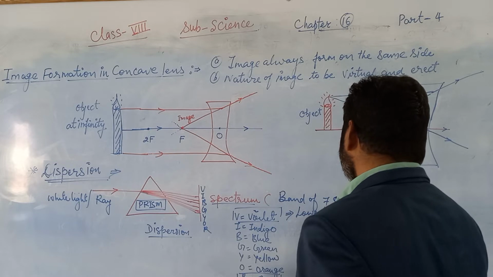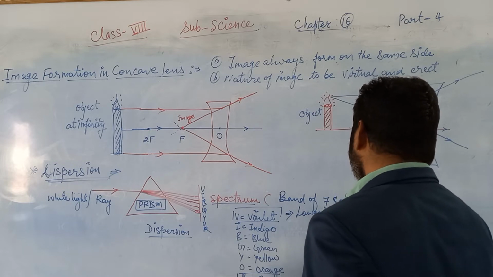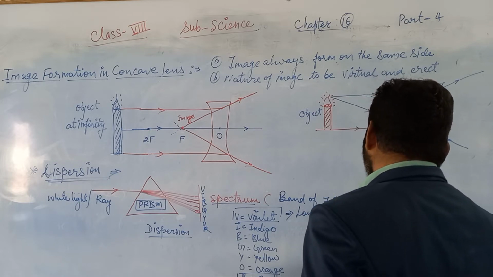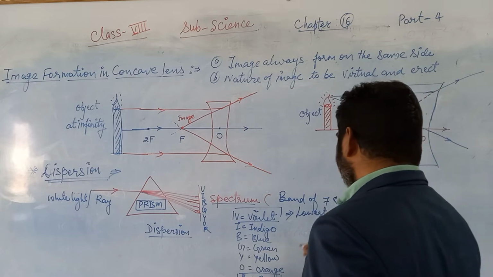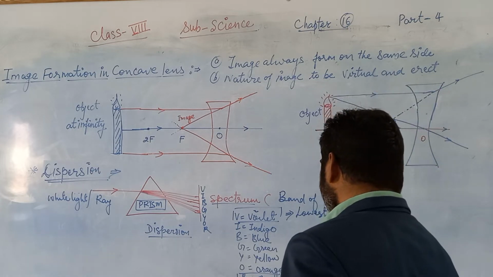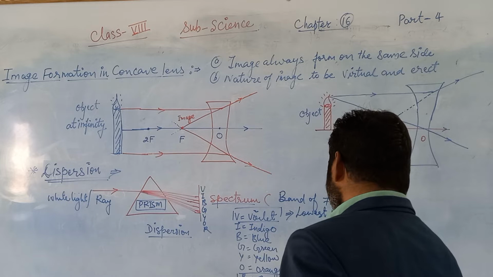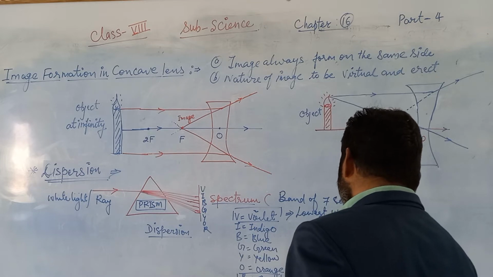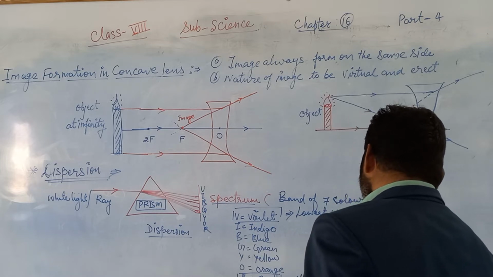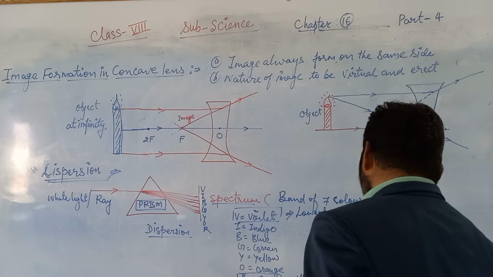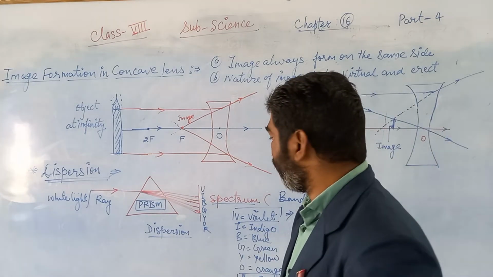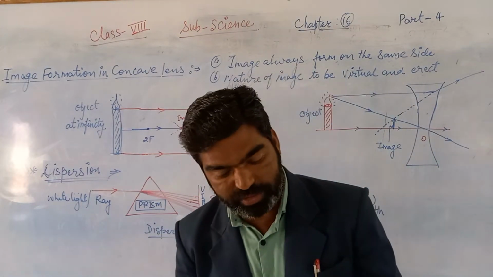So violet has the lowest wavelength, and red has the highest wavelength. So these deviations can be seen according to the wavelength. Okay.